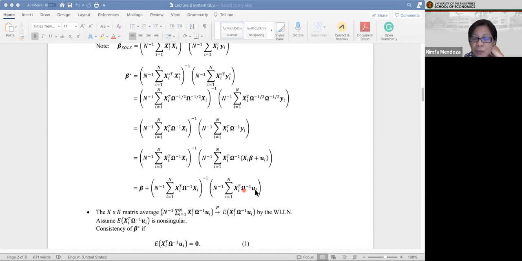Omega we assumed unknown. U sub I is actually unknown, not observable. But here we have n to the minus 1/2. So if we divide this by n, then we have a k by k matrix average. The dimension of this matrix would be k by k.